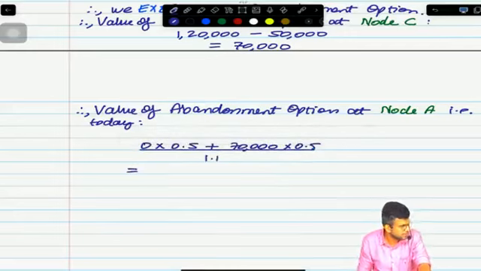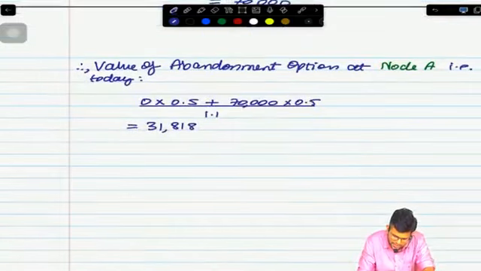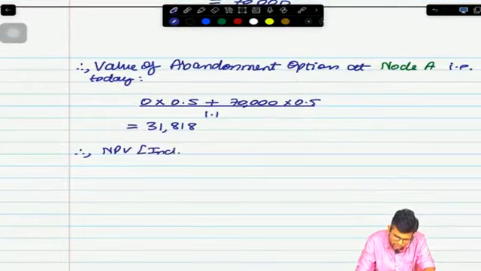Please give me this number. 35,000 divided by 1.1, 31,818.